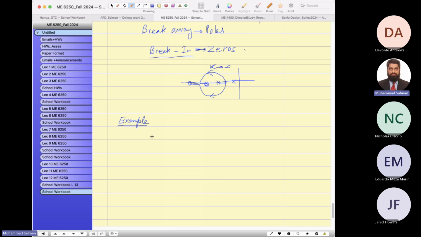So GH, I'm excluding just the S domain, but it is obvious this is k (s plus 3) over the poles.